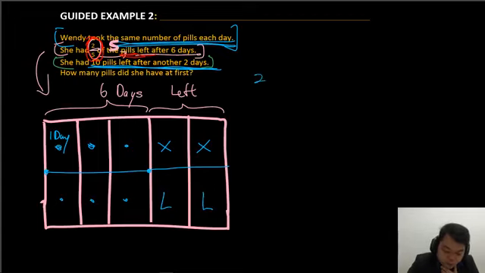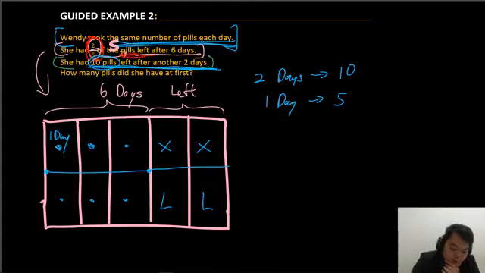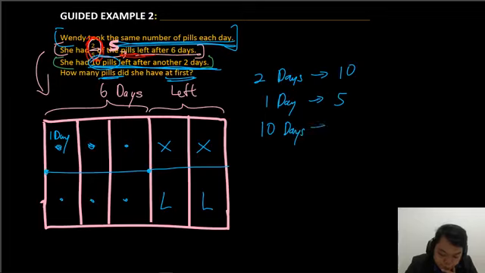So if 2 days worth of pills remaining is going to be the 10 pills that's left, then 1 day worth of pills will be 5. And then we want to find how many pills did she have at first, because we used this entire rectangle to represent the number of pills that she had. She is going to have 10 days worth of pills, and that will be 50.